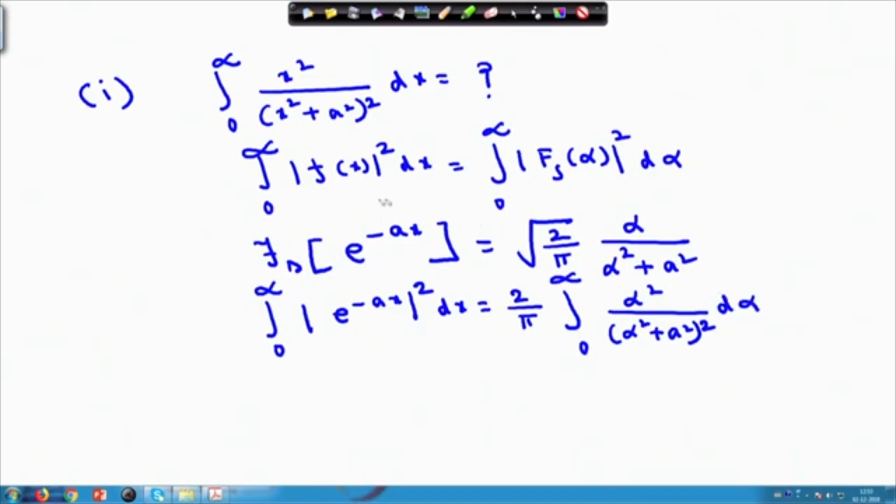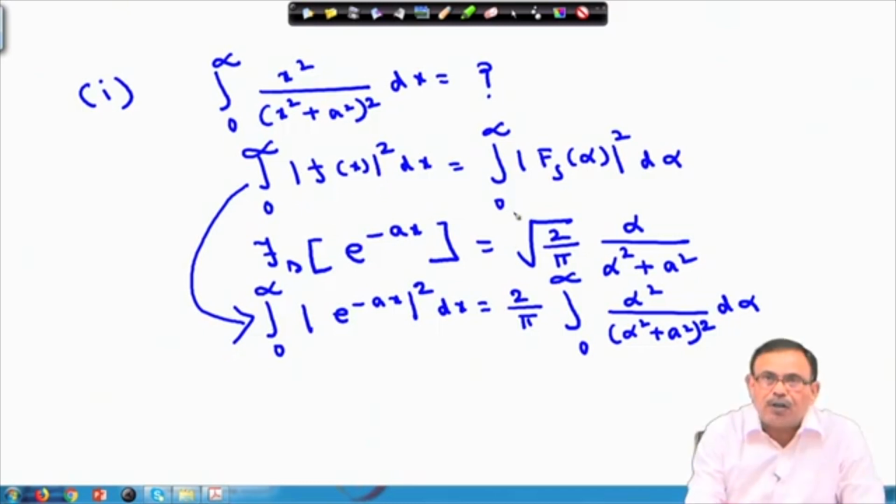Just using this theorem, we can write this directly: the integral of |f(x)|^2 dx equals the integral of the modulus of the Fourier sine transform of alpha whole square d alpha. From there, since I know the Fourier sine transform of e^(-ax) is root over 2/pi times alpha / (alpha^2 + a^2).